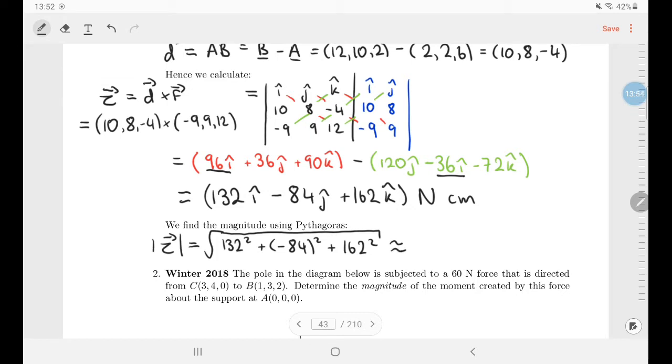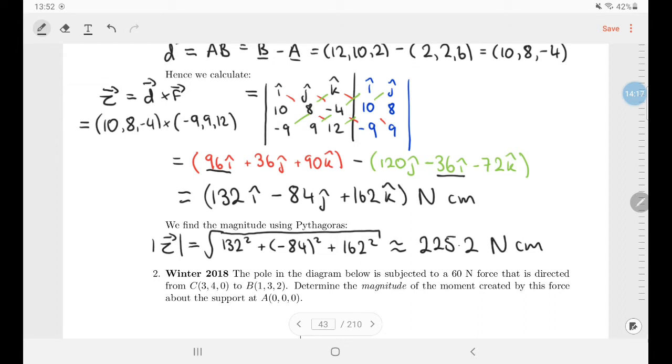So what have we got? Square root of 132 squared plus, I'm just putting in 84 because minus 84 squared is the same as plus 84 squared, plus 162 squared. And I'm getting, to 4 significant figures, 225.2. Put in your units, newtons, centimeters. So that's it.